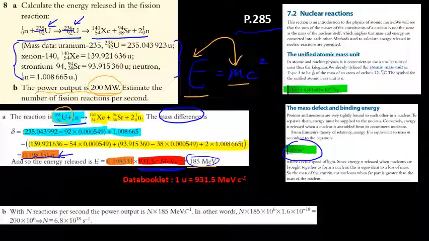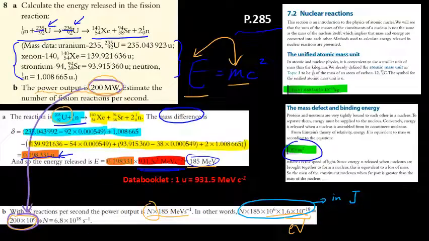And therefore, if you're talking about n number of uranium atoms taking the reaction, then n times 185, and if you convert it to joules, you have to multiply by mega, and this is eV, if you remember that, and then equal to the power output, which is 2 times 10 to the power 8. Therefore you can find the answer, which is 2.x times 10 to the power 18 atoms reacting in each second.